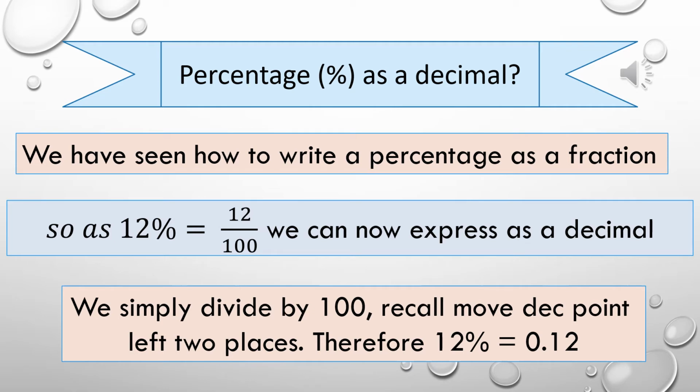Now, to find the decimal, all we do is go back to our notes that we did on dividing by 10, by 100, by 1,000, and we can see that in this case, it's divided by 100. So what we're going to do is move the decimal point 2 places to the left, and we get 0.12 as a decimal. And we do that with all of them. And on the next slide, there are some practice questions for you to do.